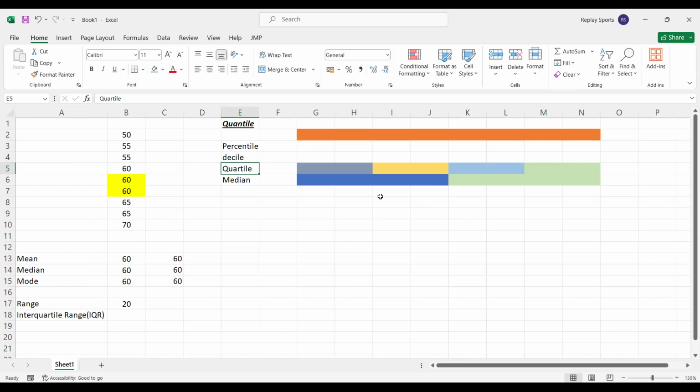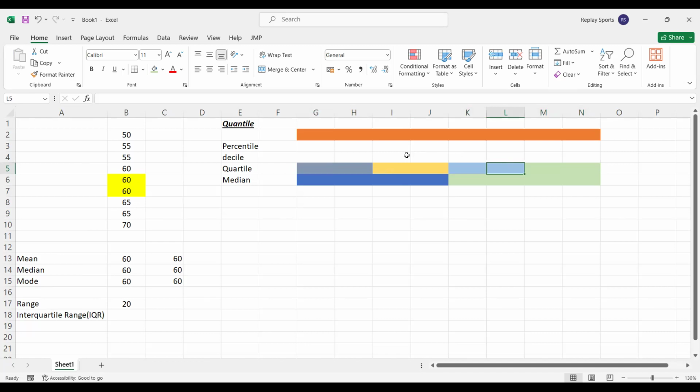In the interquartile range, what we say is divide this data into 4 parts. You take the data set and find the median, like the way we discussed earlier. So this becomes one half, and this becomes another half. Once you find the median, you again find the median of the lower half and of the upper half.